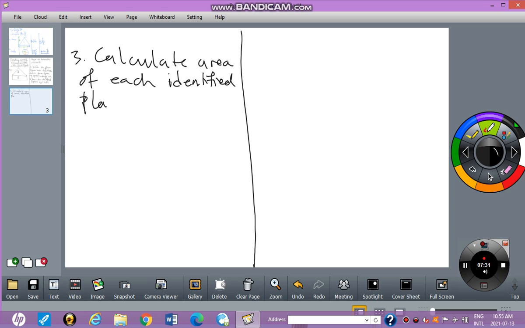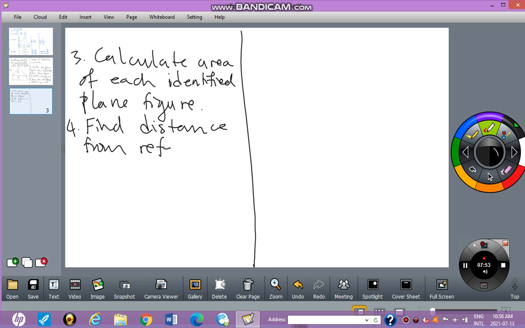Once you identify that area, then you need to find number 4, the distance from reference point. This is now depending on the question, either for x or for y.